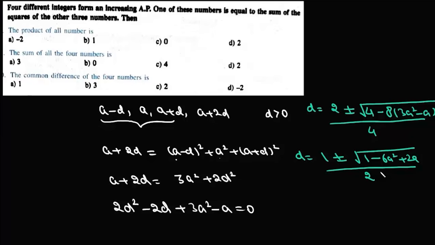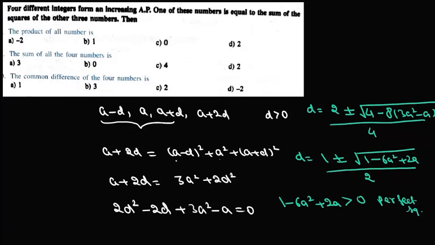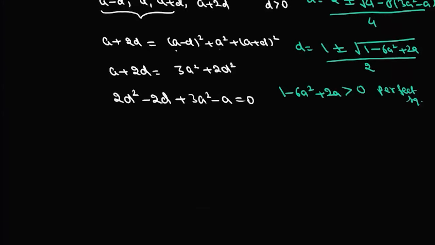In the question, we need integers. That means this d must be an integer, and this 1 minus 6a square plus 2a must be greater than 0, and it must also be a perfect square. Now if we simplify this, we can write 6a square minus 2a minus 1 is less than 0.